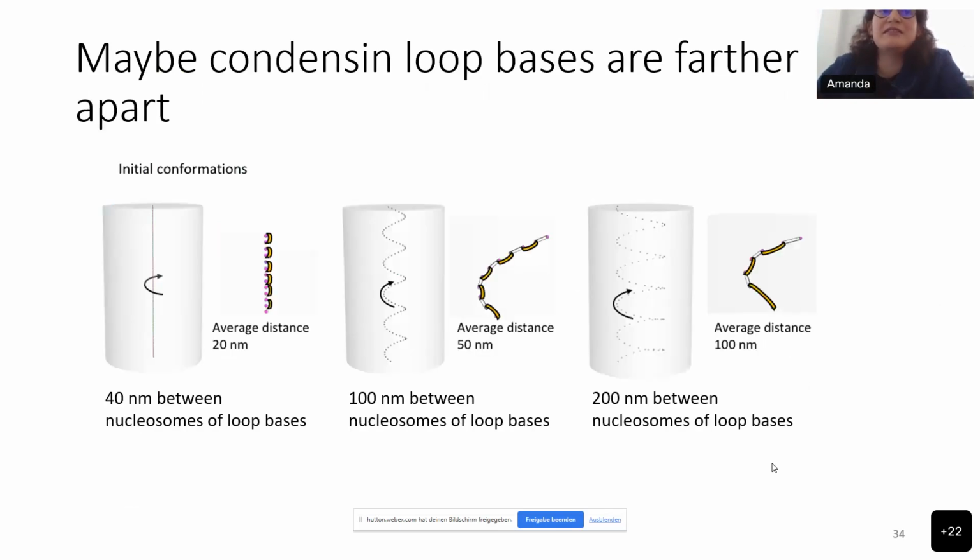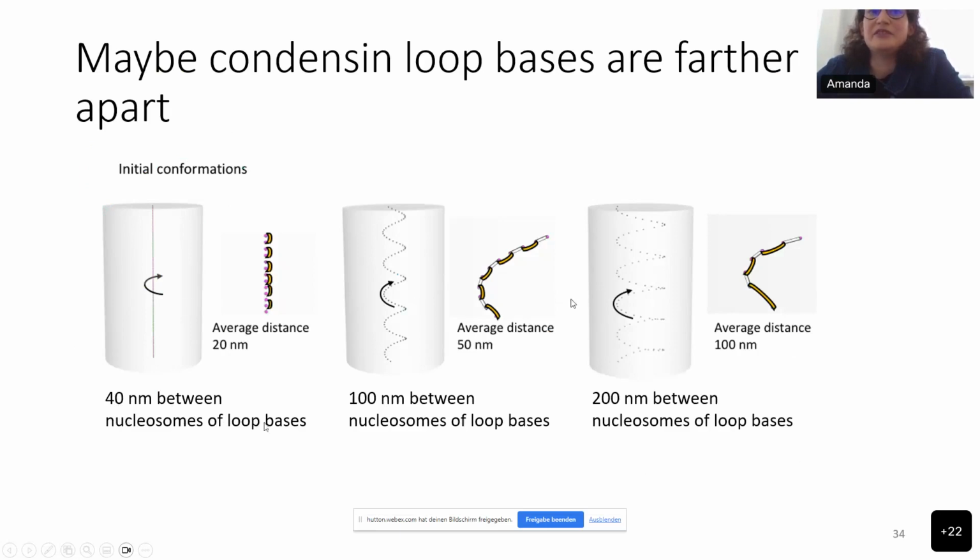And we suggested that these condensins would be a bit farther apart from each other. 20 nanometers is the distance between each nucleosome base forming the loops, but then 4 nanometers should be between each condensin complex.